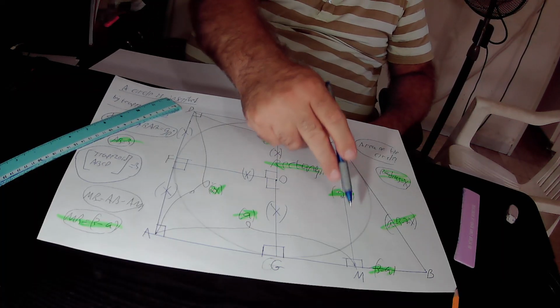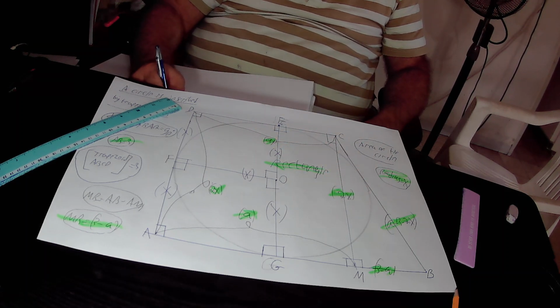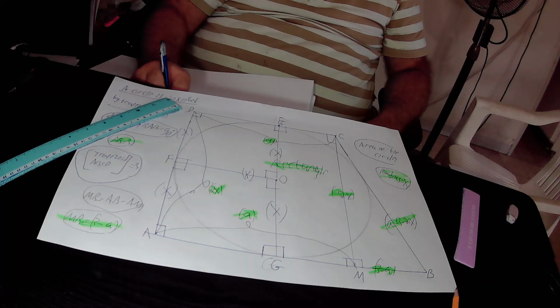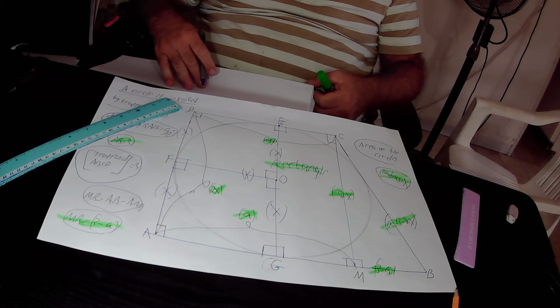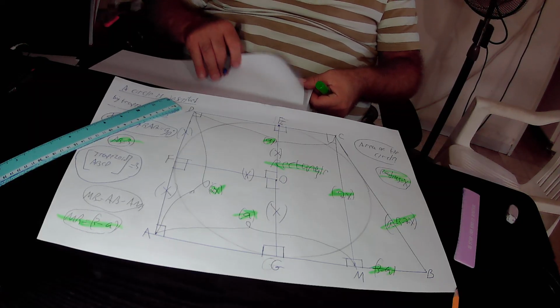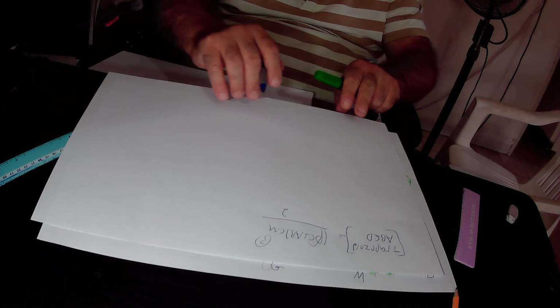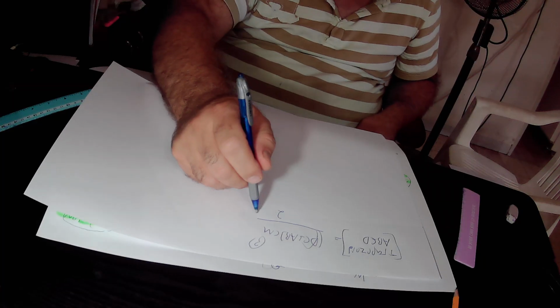The height is CM because it creates 90 degrees with the two parallel bases, so times the height CM over 2.